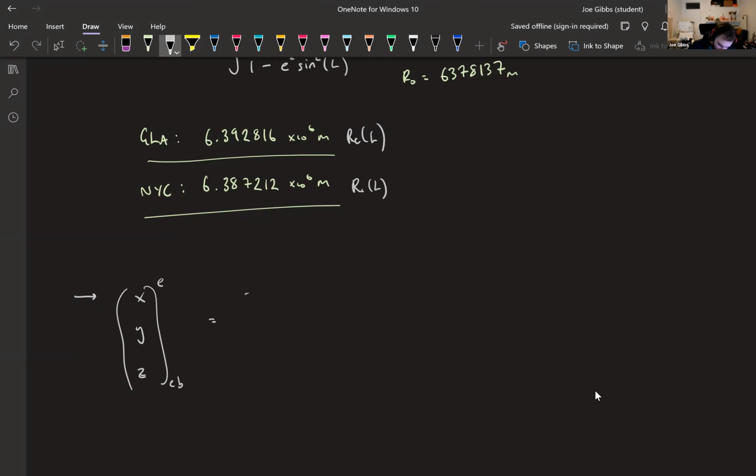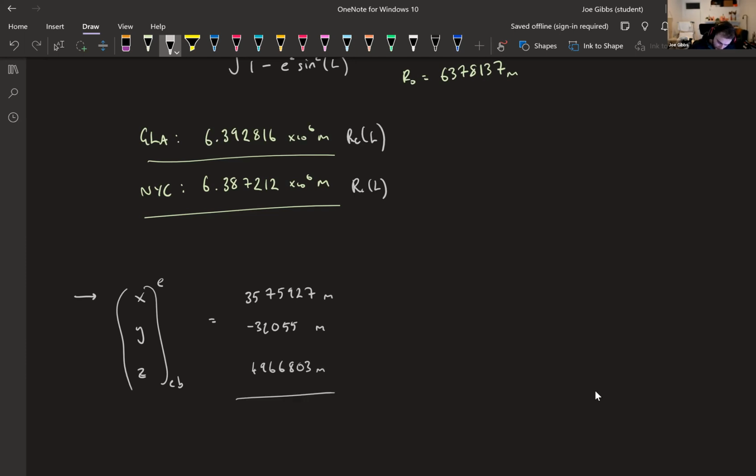For Glasgow, I'm getting 3575927 meters. The Y value is minus 32055 meters, and Z is 4966803.